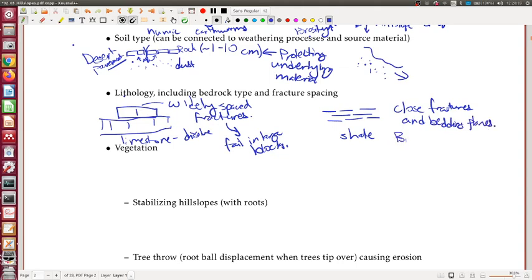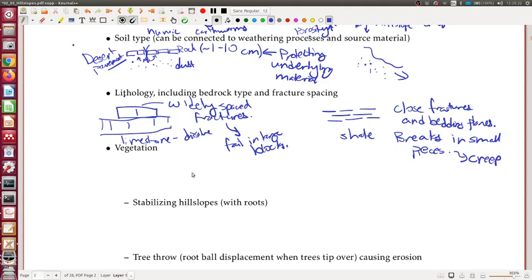Breaks in small pieces. And this is going to be possibly more likely to fail, or actually, I'll just say more likely to creep. So little tiny chunks are going to move down the hill.